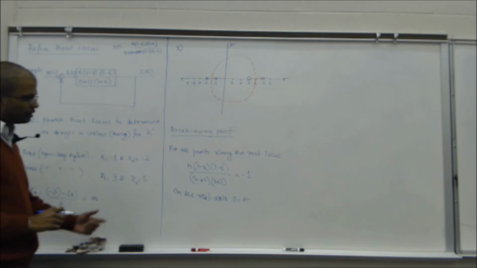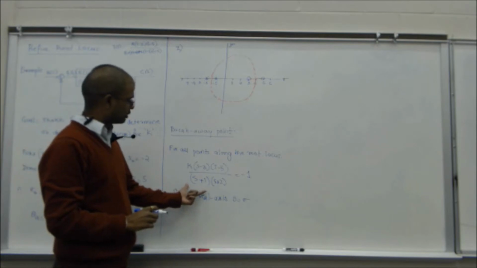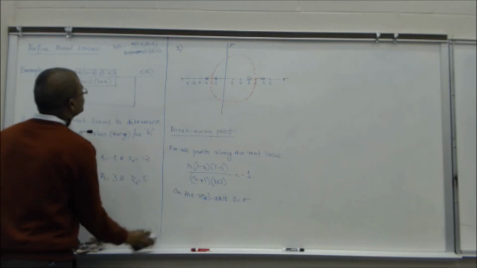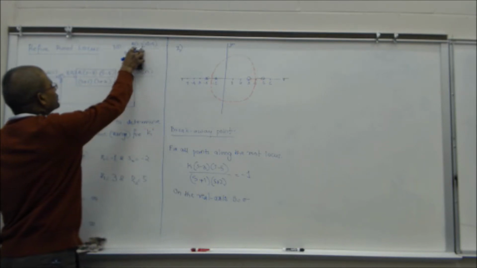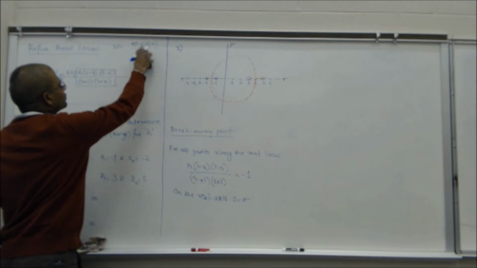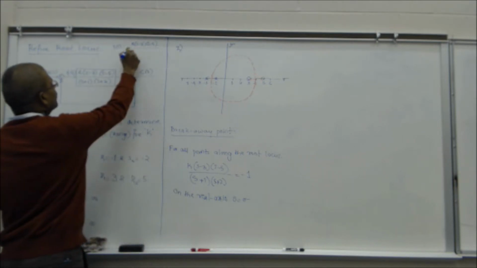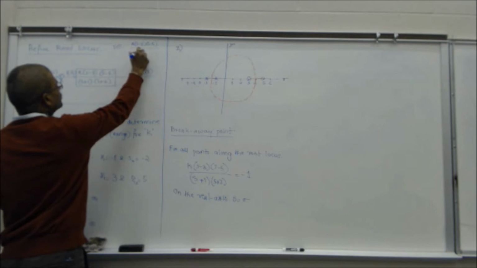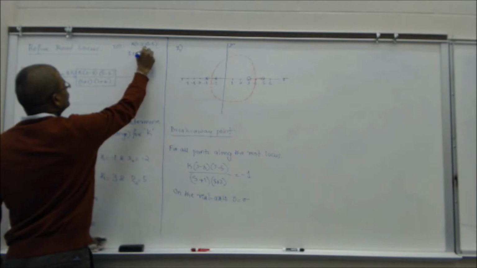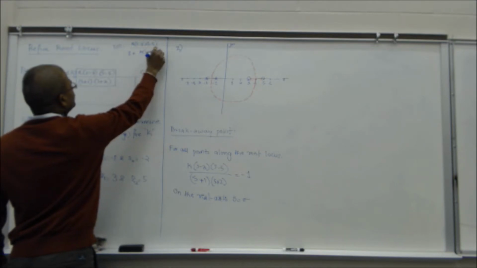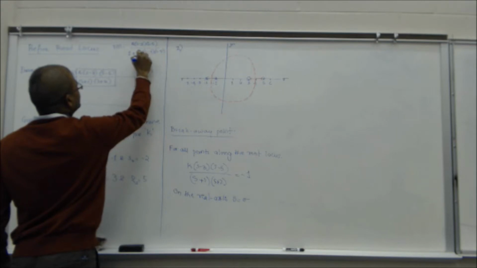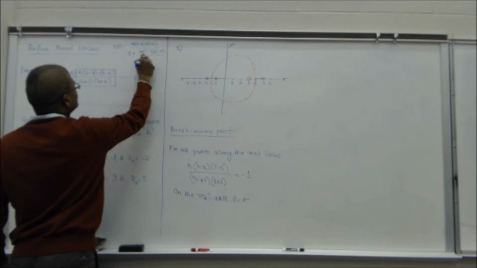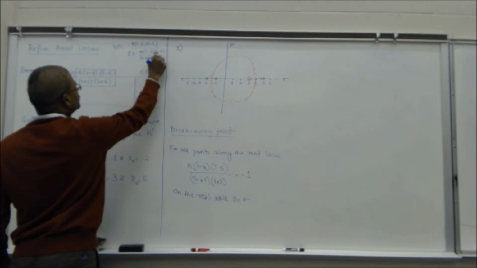So what you're trying to do here is write this like this: 1 plus K into S minus 3 into S minus 5 over S plus 1 into S plus 2.